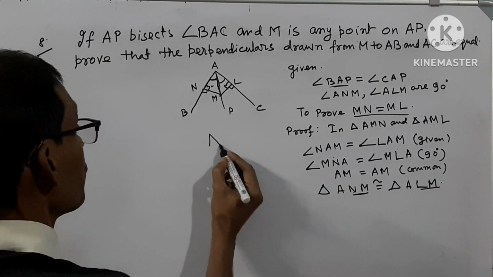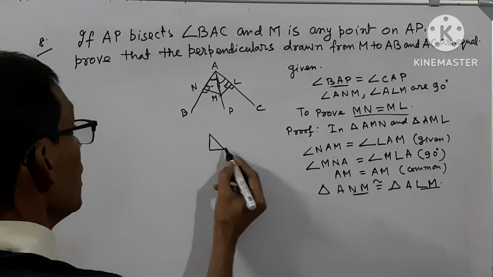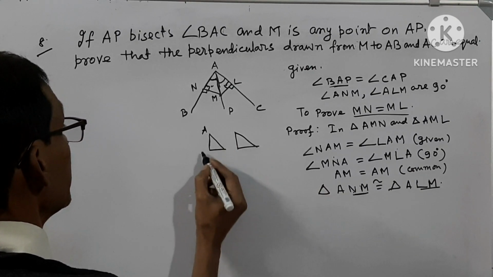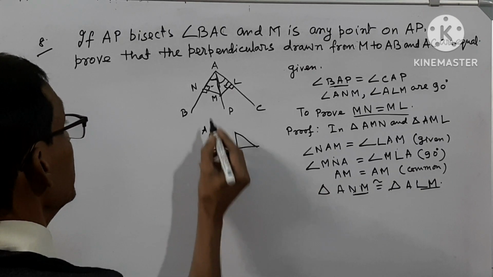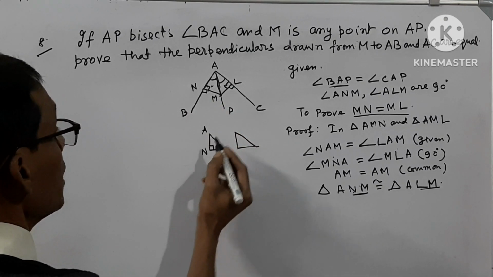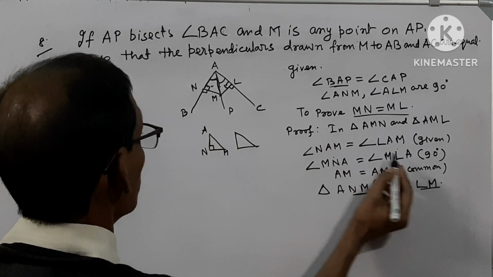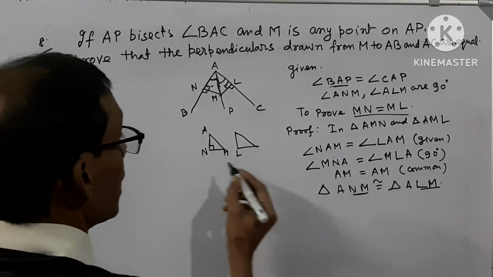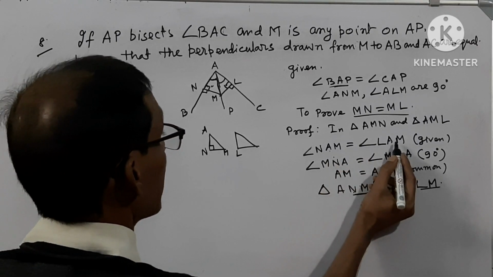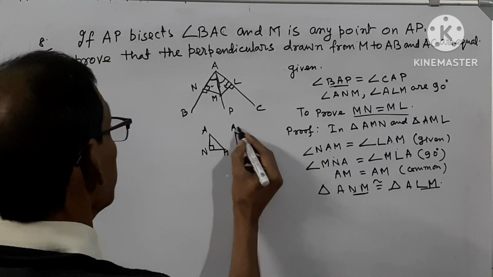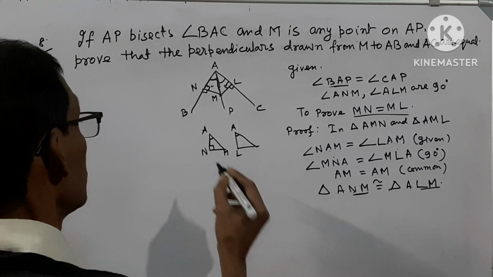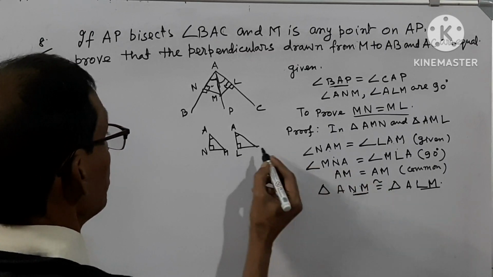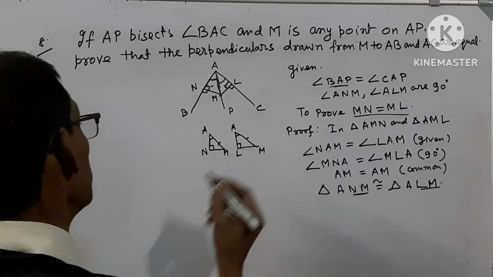But still, if you have some confusion, always you can draw triangle ANM separately. N is right angle, so N equal to L, and angle A is common, and AM equal to AM.